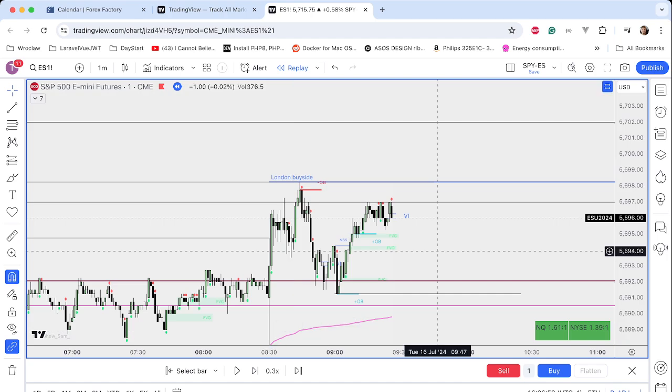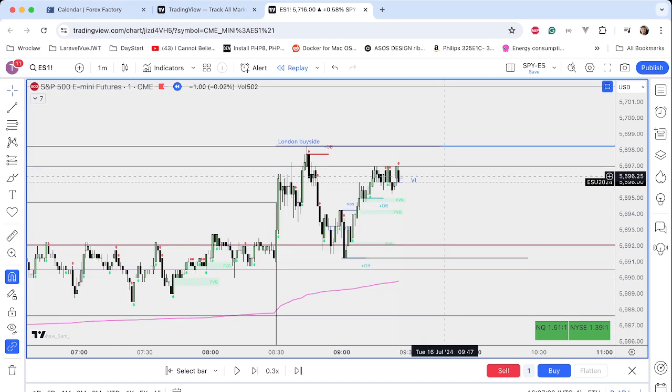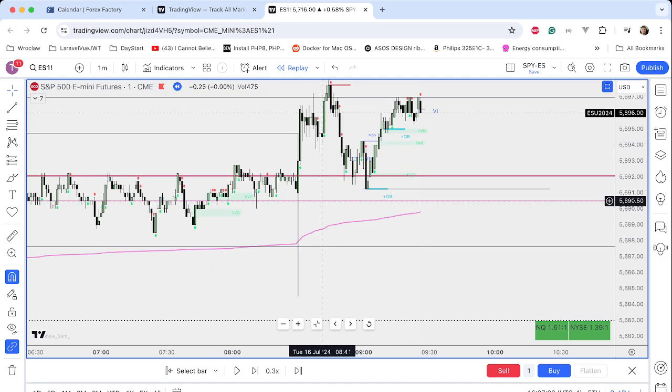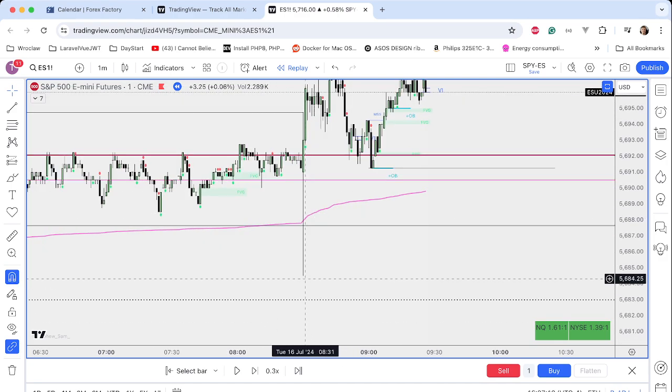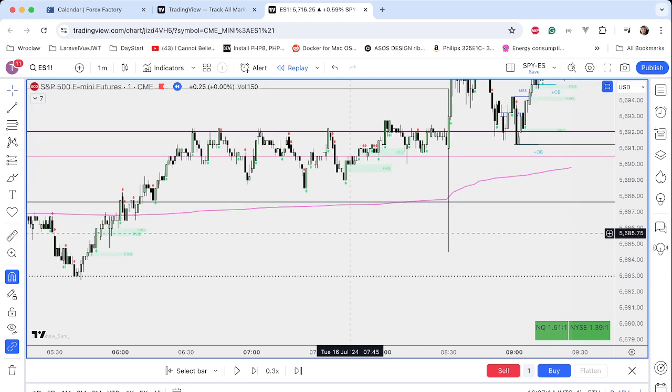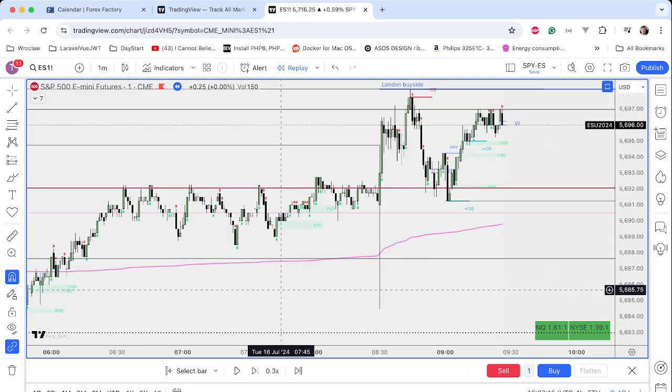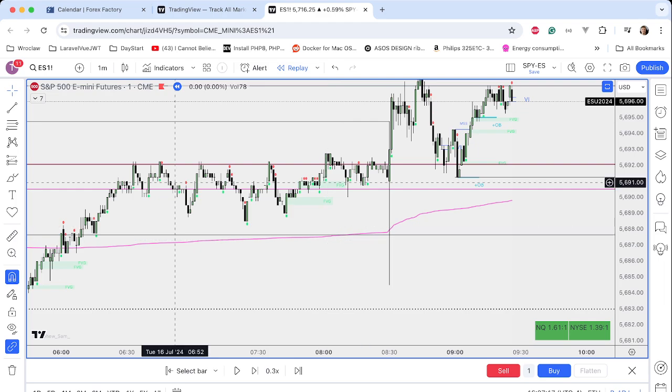So what do we see before the open? We do have this level. It's a 15-minute candle. We have that level. That means that we have swiped this whole liquidity. We grabbed the liquidity. We pushed into that liquidity up here.